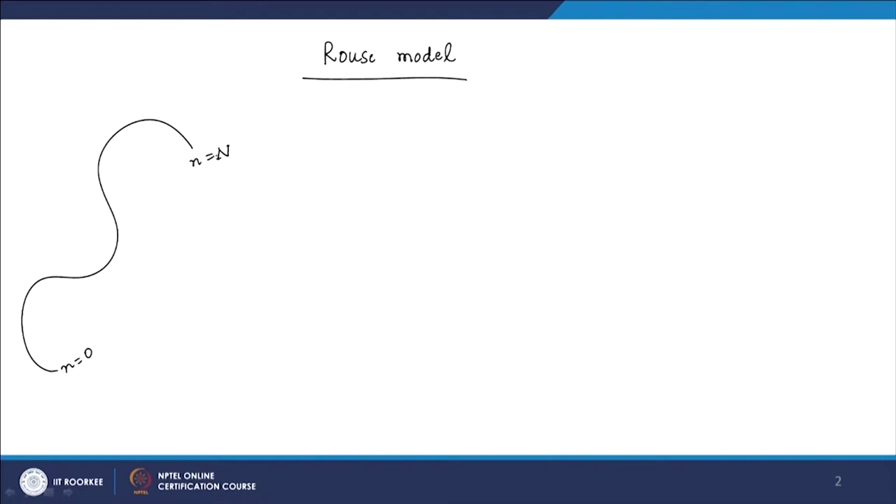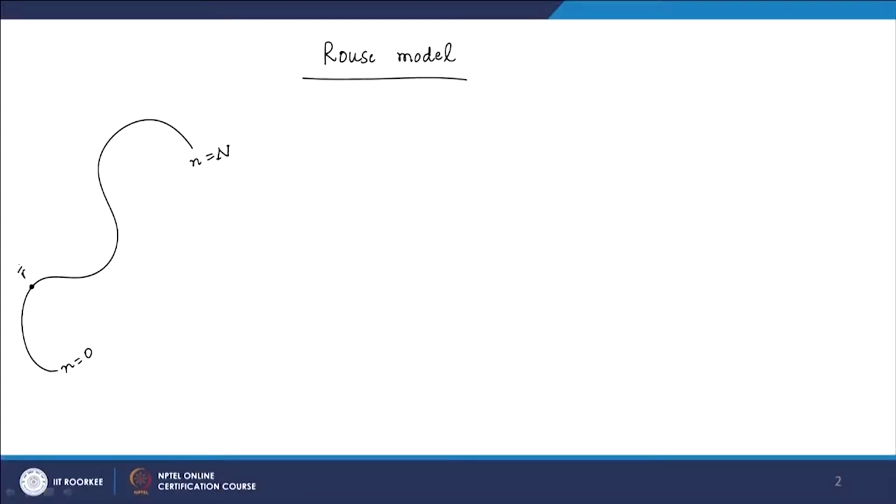So, just to briefly recap, we are talking about the discrete to continuous transformation of the bead spring model.